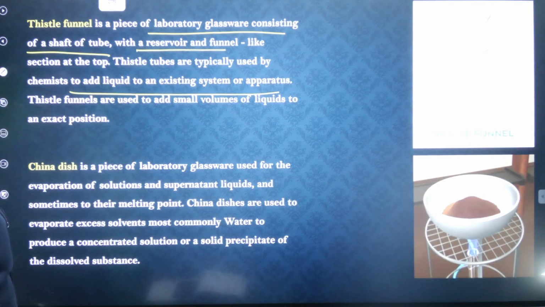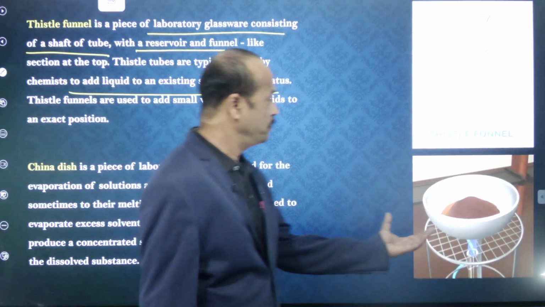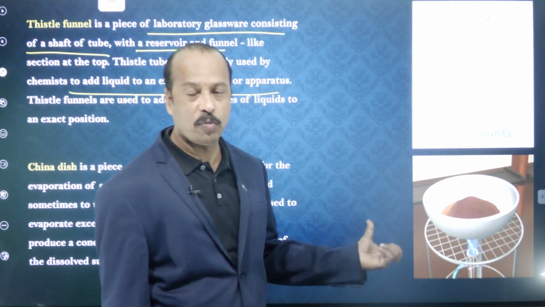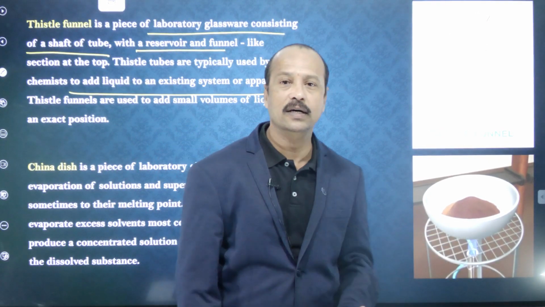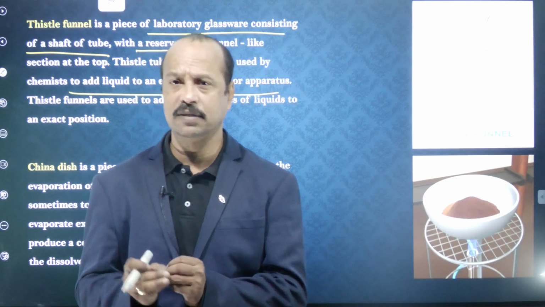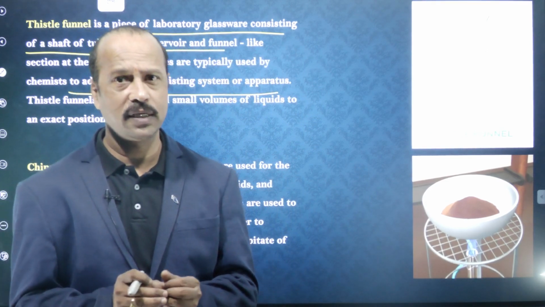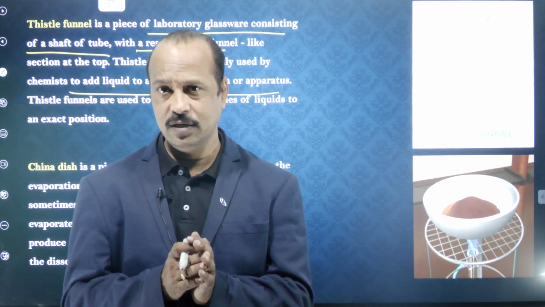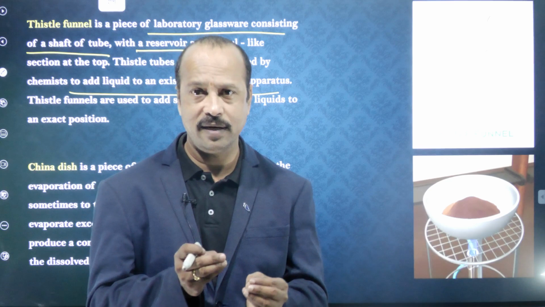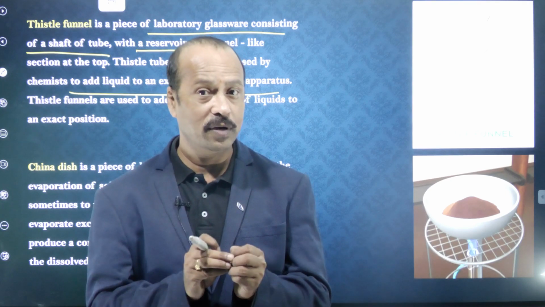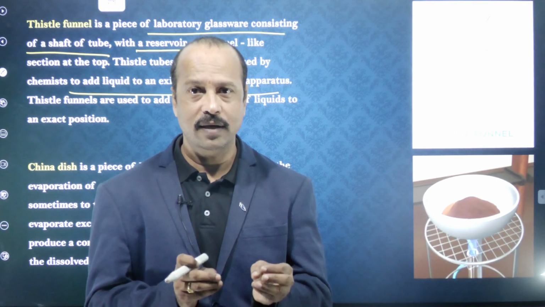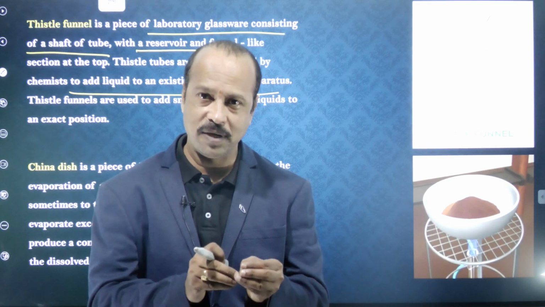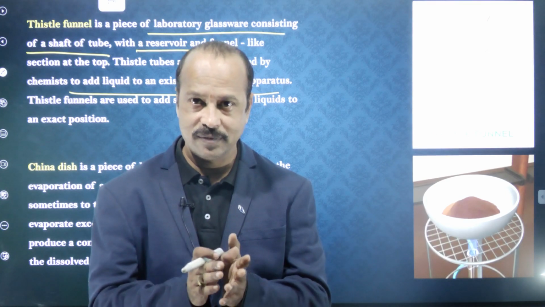Now next, what is the China dish? This is a China dish. It is also a commonly used apparatus in the laboratory whenever you want to heat something. I think you are in 6th class, where you have a topic on physical change and chemical change. There, iron powder and sulfur powder are mixed physically and chemically.